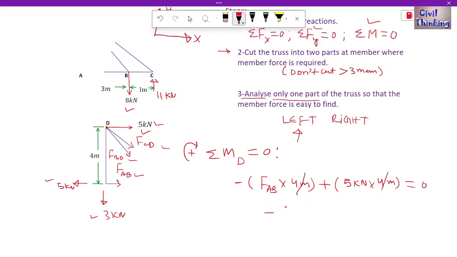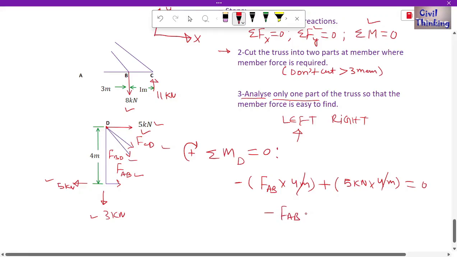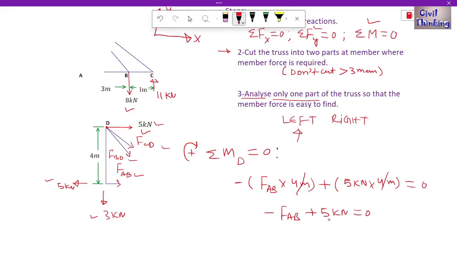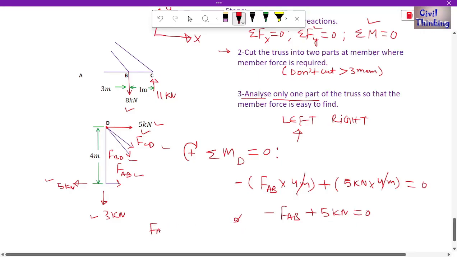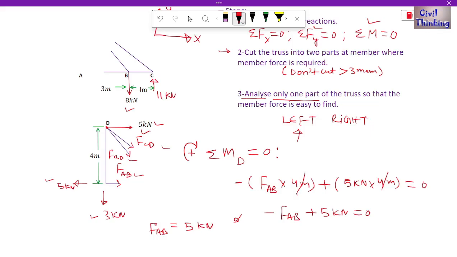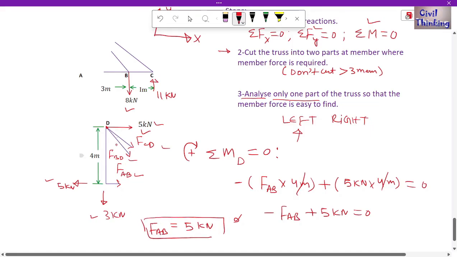So we have negative FAB plus 5 kilonewton is 0. When we simplify this and throw it to the right, we get force in AB to be 5 kilonewton.